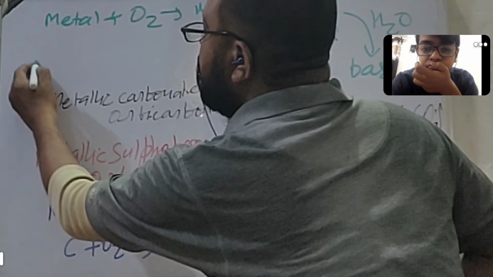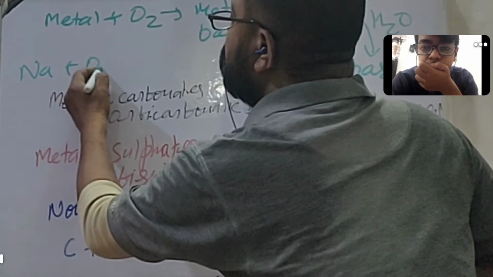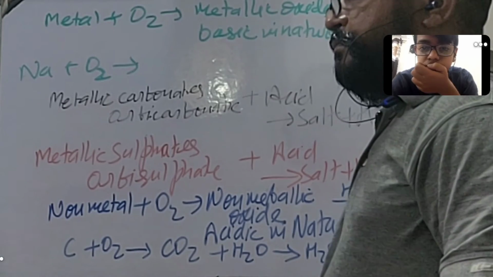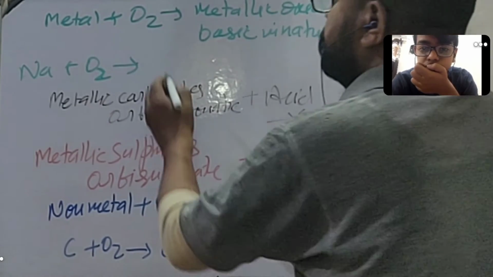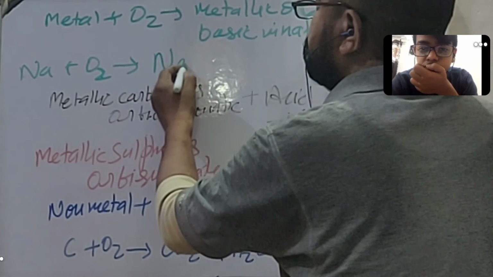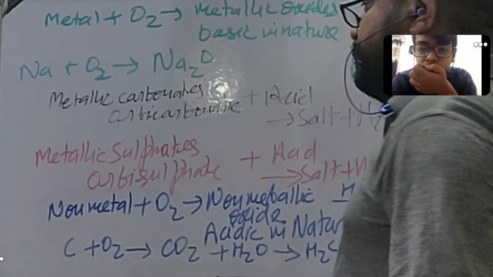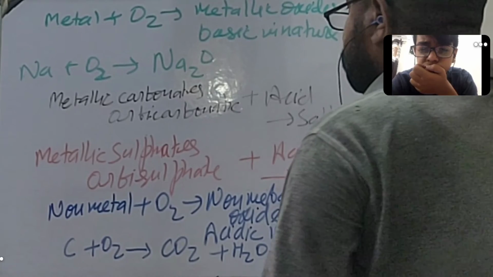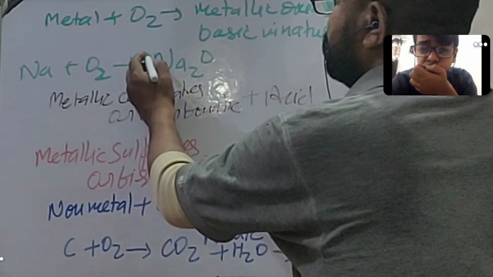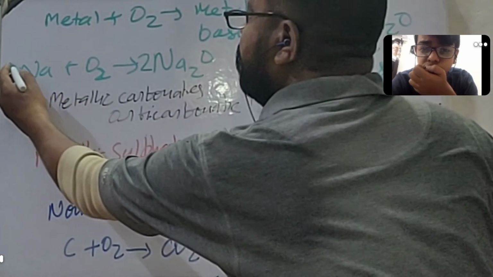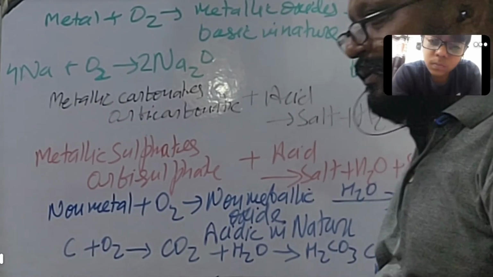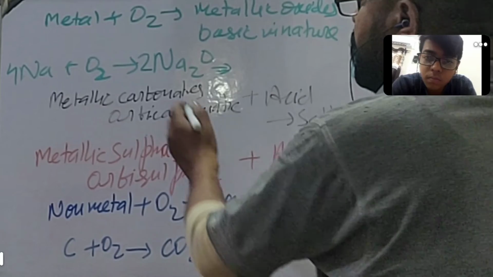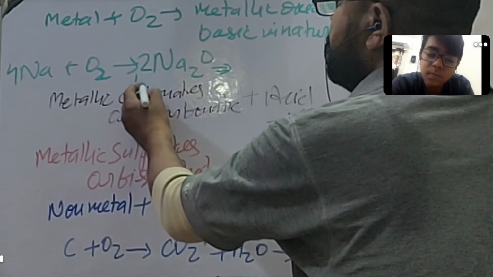Like Na plus O2 gives you Na2O, but it is not balanced, so we put 4 here and 2 here.